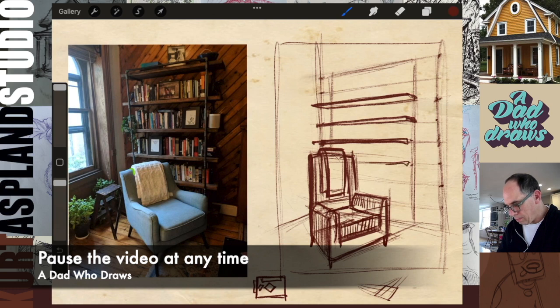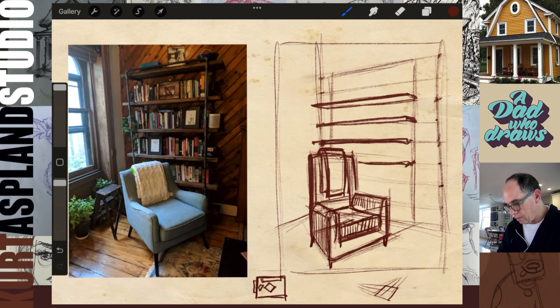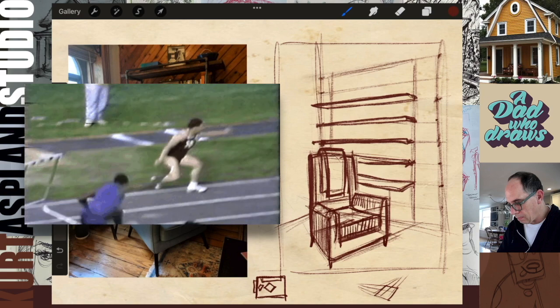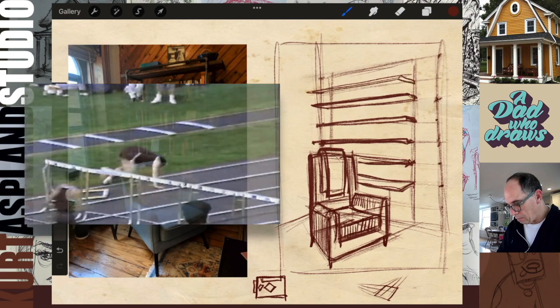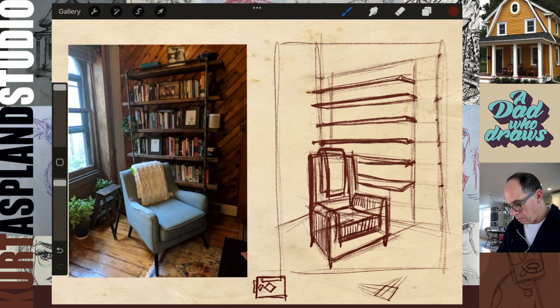Here we go. It's below. Just freehanding this now, following that, looking at where the eye level is.